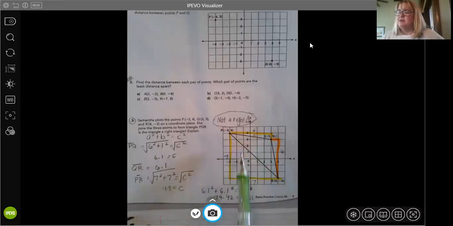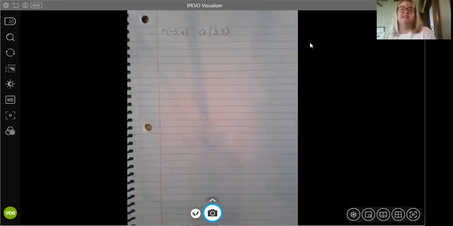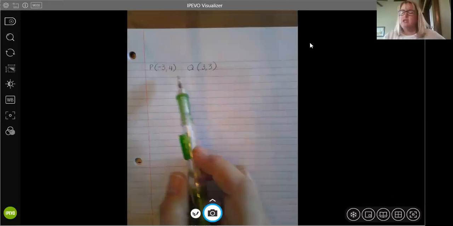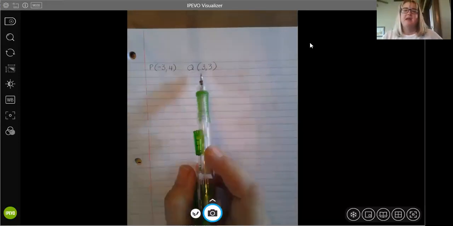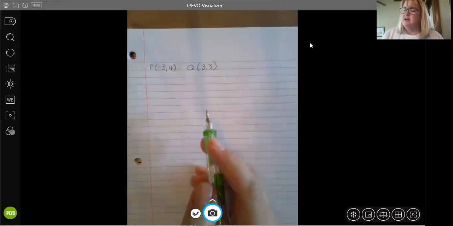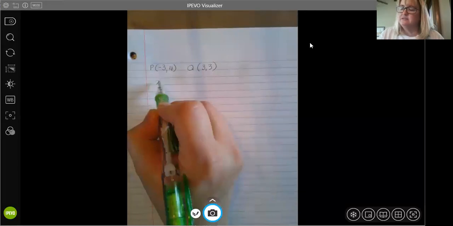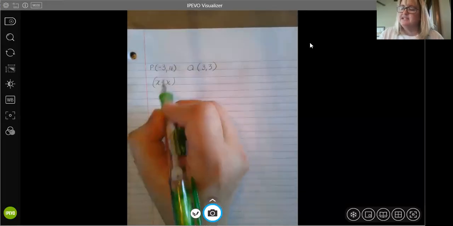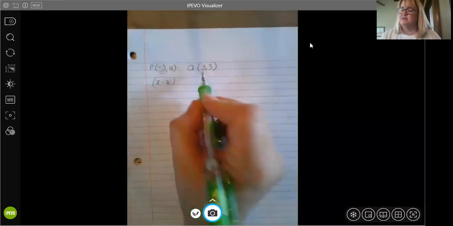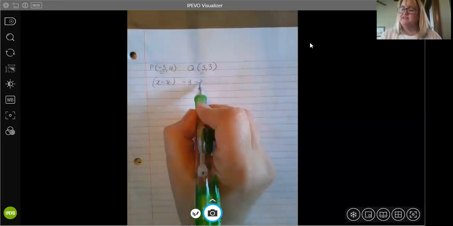So for example, on number 2, P was at -3 and 4, and Q was at 3 and 3. And to find the distance of one of the legs, we would subtract the x values. Okay? This x value is -3, this is 3. So -3 minus 3 is -6.